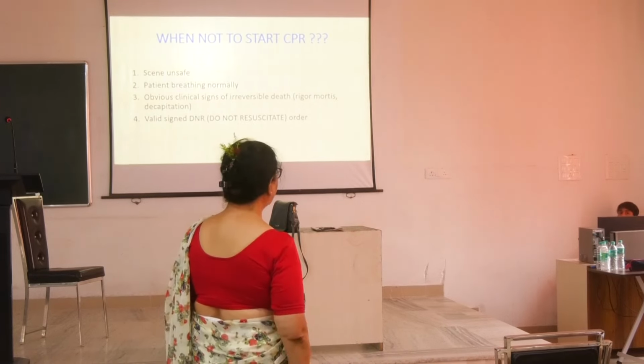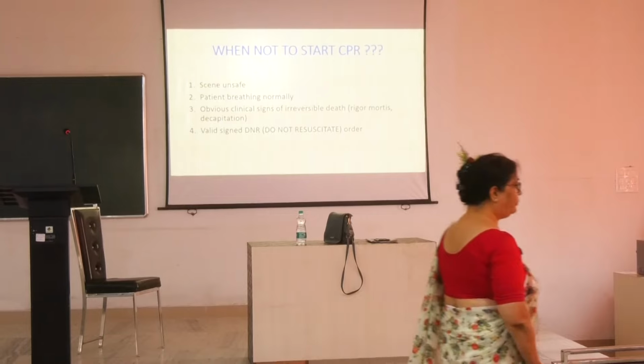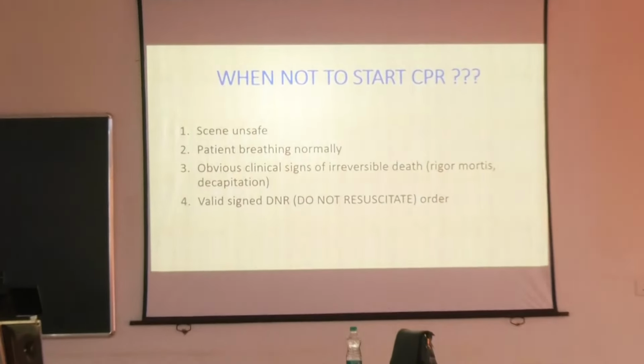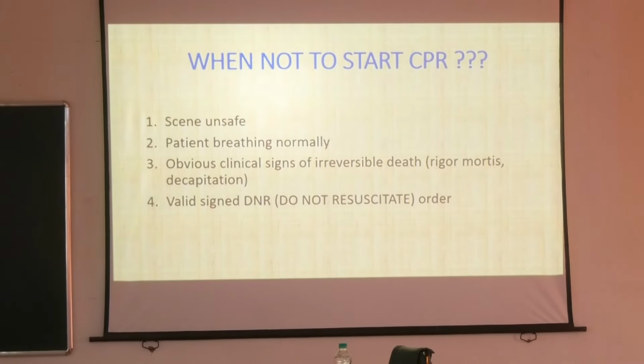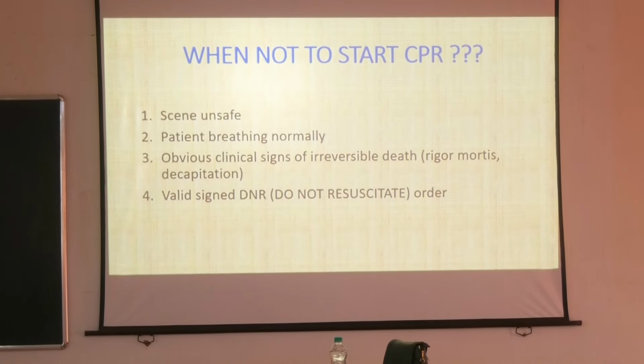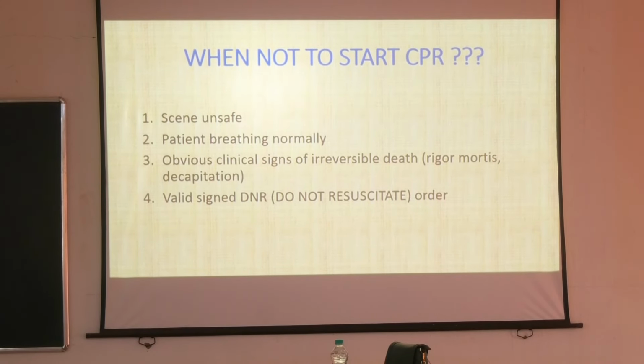Now, just some important points of CPR. You have to identify where to apply cardiac compression, that is the lower half of the chest. You identify the nipple line at a glance, and the lower half of the chest, the middle of the chest. Place the heel of the hand, interlock your fingers, do not touch the chest wall, just one and two, keeping your elbow straight, not like this.